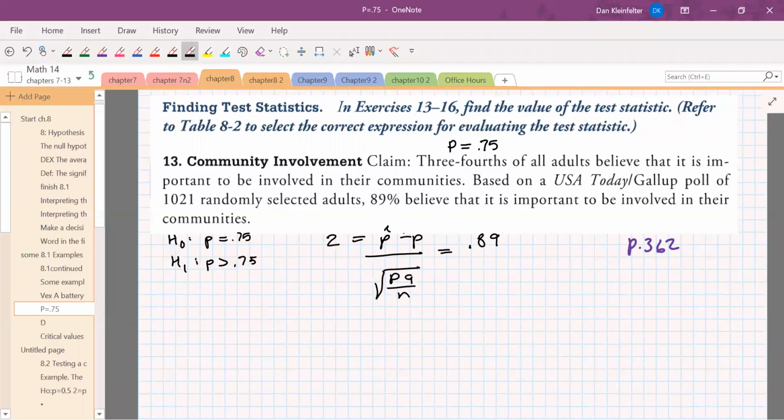Then the p here is the one from the hypothesis, so that's 0.75. That's over our square root of pq, where p is again from our hypothesis, and q is 1 minus p, so that's 0.25. And that's on top of n, which is our sample size of 1,021. So let's go ahead and compute that.